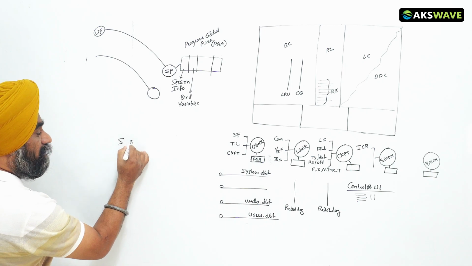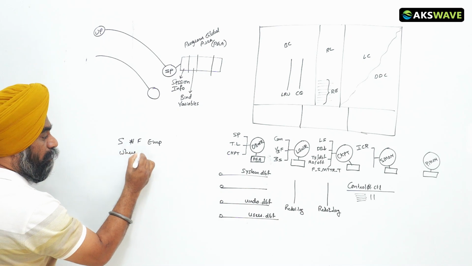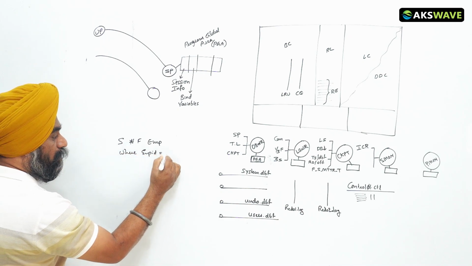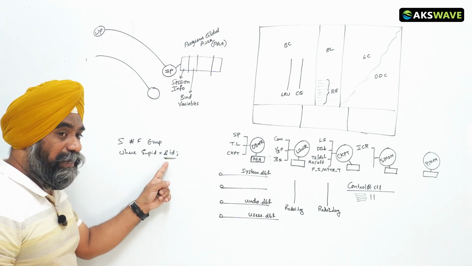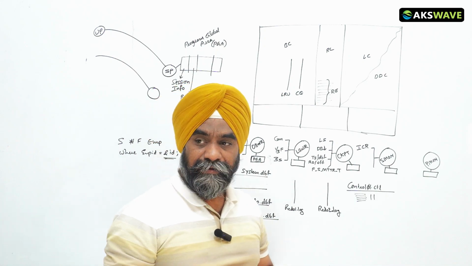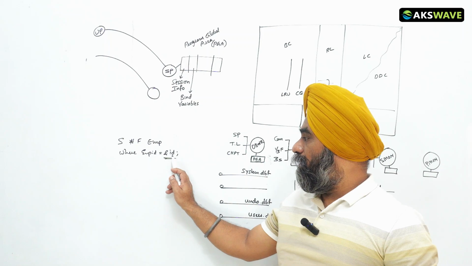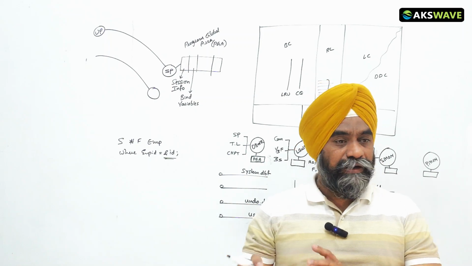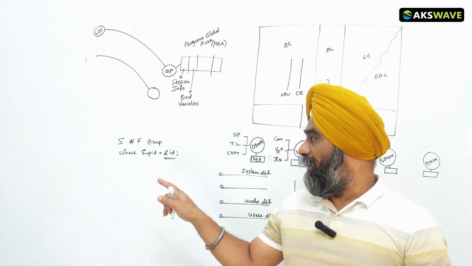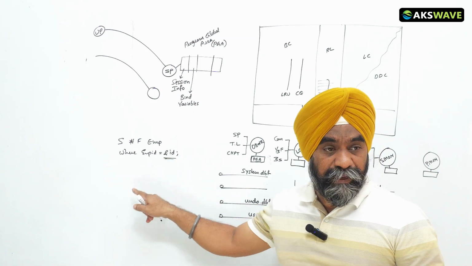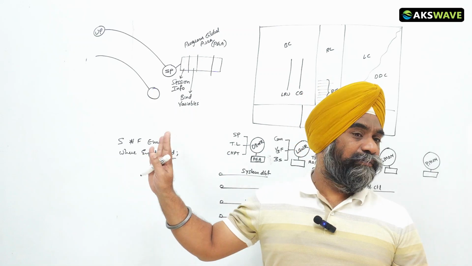You might say select star from EMP where employee ID equals ampersand ID. When you enter the statement, it will ask you the value: please enter the value for ID. Now you enter some value, for example 101. That 101 is assigned to ID, because wherever ID is referred to in multiple places, it is going to be 101.